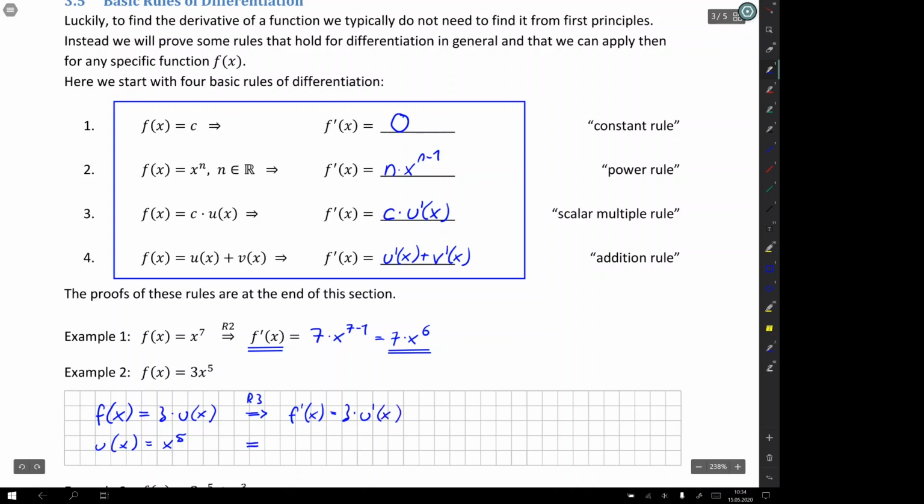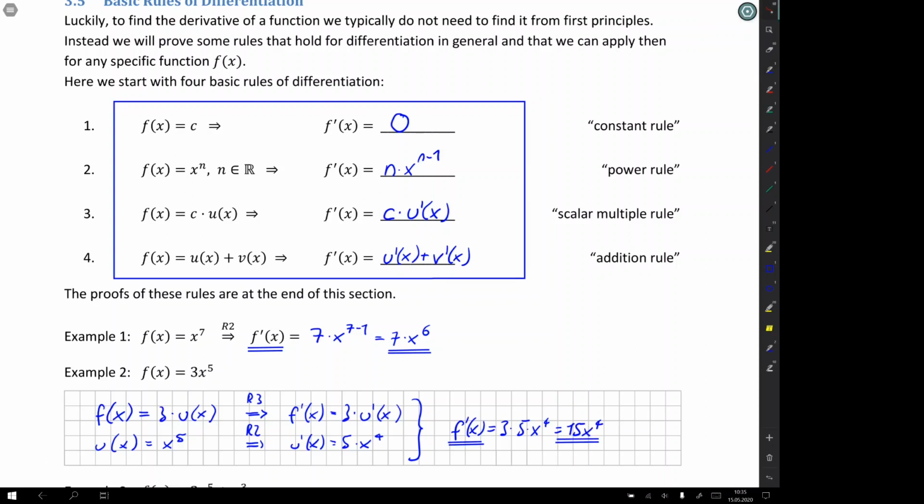Here we want to find u dash of x, the derivative, so we can apply rule 2, and we get directly 5 times x to the power of 4, and now put that all together again, and we get f dash of x is 3 times 5 times x to the power of 4, so 15x to the power of 4.